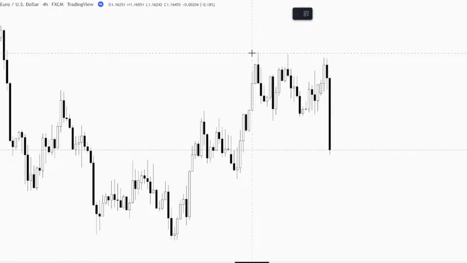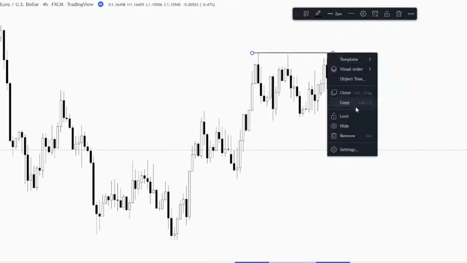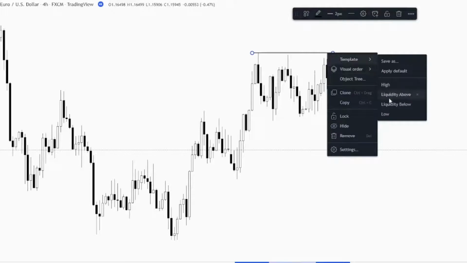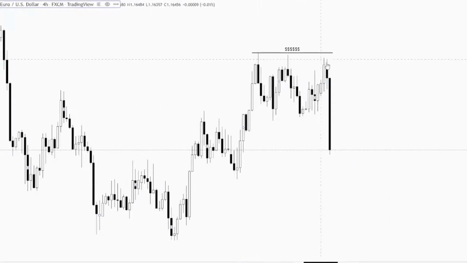This area seems to be a very good area we can work with. We'll call this area an area of liquidity, right? Because in this zone right here, this is a high resistance zone, right? You can see that the market is being resisted every time it comes into this zone.